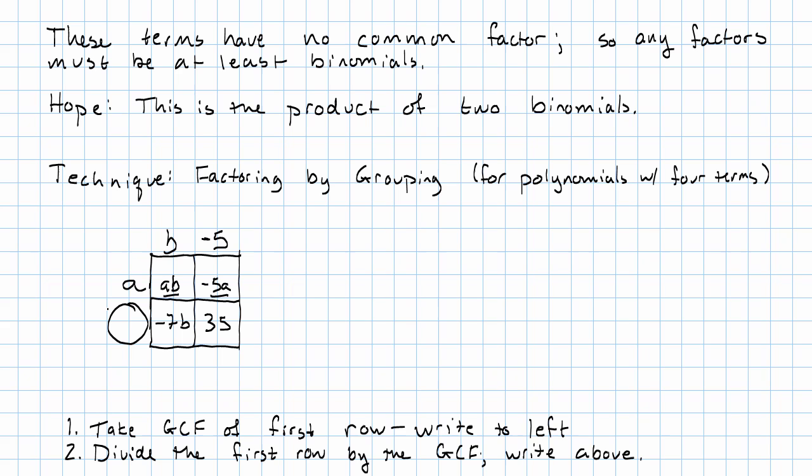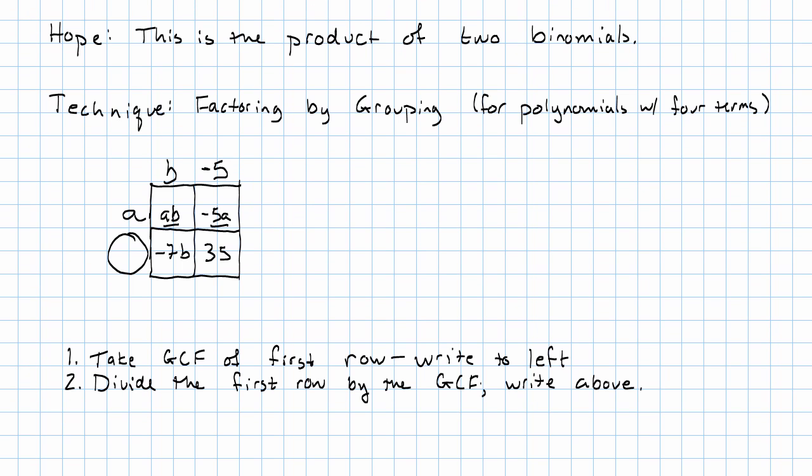Okay, we have just one more space left to fill in. To fill that in, we'll divide the term in the lower left by the factor above it. What do I need to multiply by b to get negative 7b? That's just negative 7.